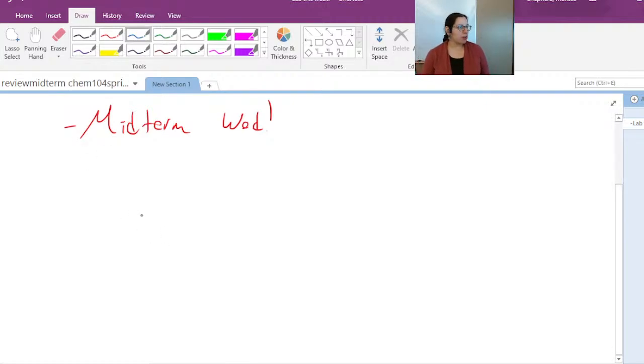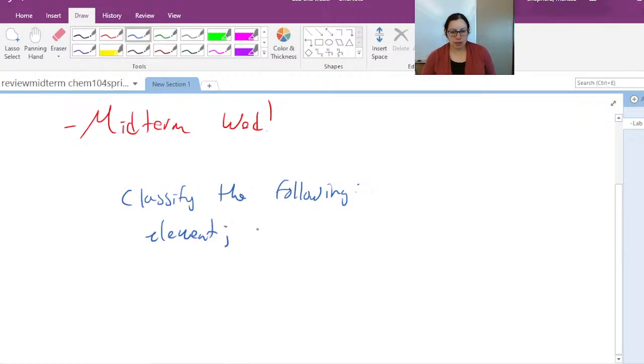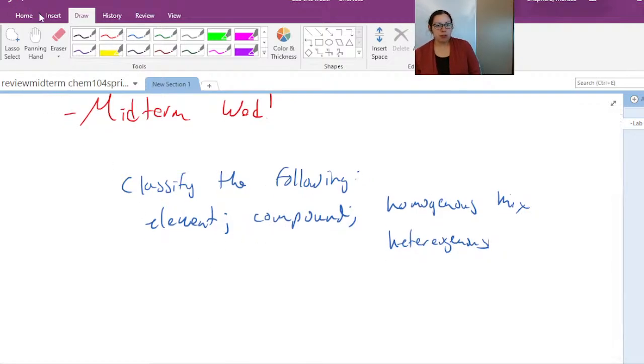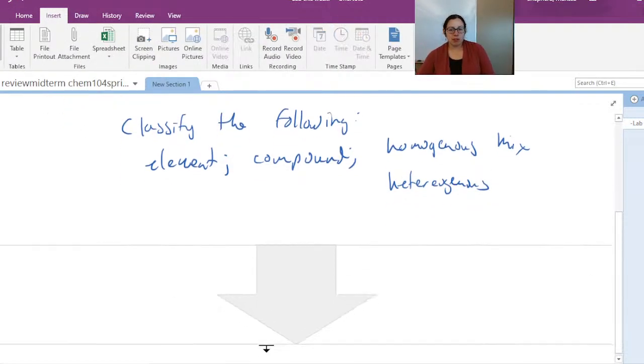So the first type of question you have is classifying things. Classify the following: you had to distinguish between an element, compound, and then a mixture, and that was homogeneous mixture versus heterogeneous. Let's try it with the following substances.